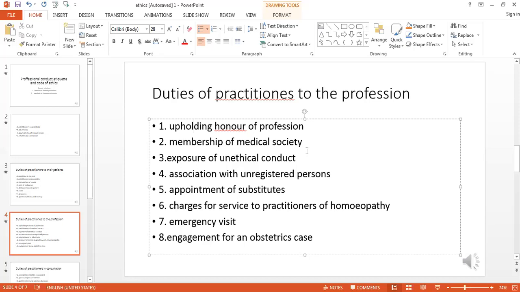So this membership is again important. You will also get knowledge, others will also get some value addition from your cases, and you should give some energy and some time to such a society, so that it works both ways: you get knowledge, and the medical society also gets your knowledge.